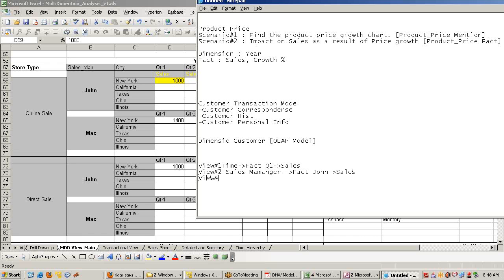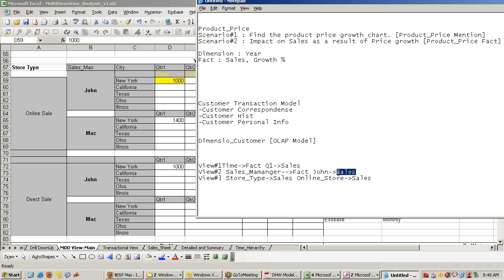View third, store type, intersection with fact, sales. So online store, sales.